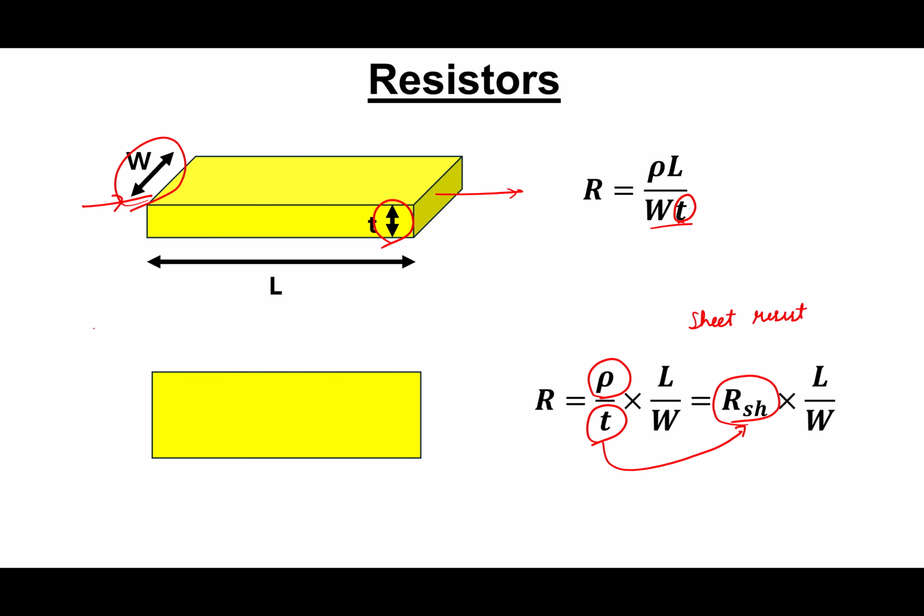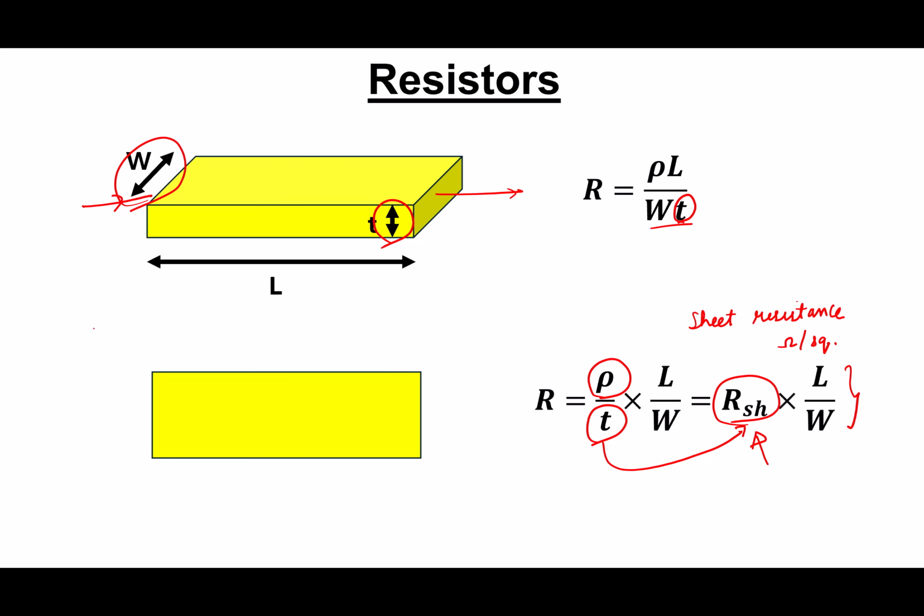What is the unit of this quantity? From this, what can you say? Ohms, right? But typically we say it's ohms per square for practical reasons, because if I know the sheet resistance, to find the total resistance I just have to find the ratio L by W.